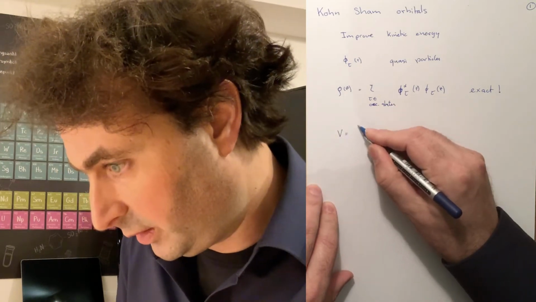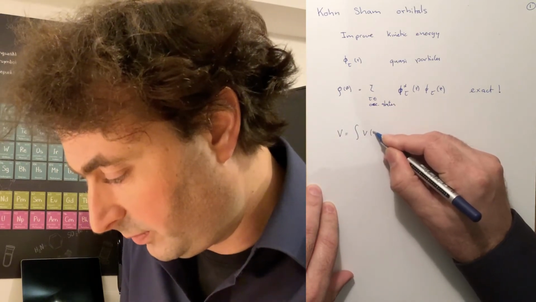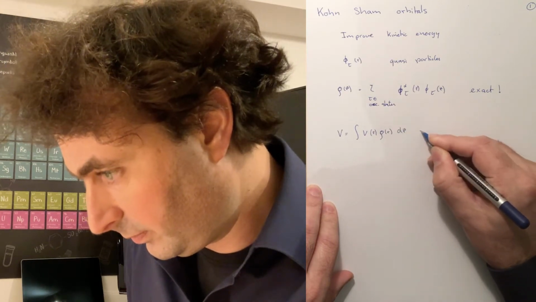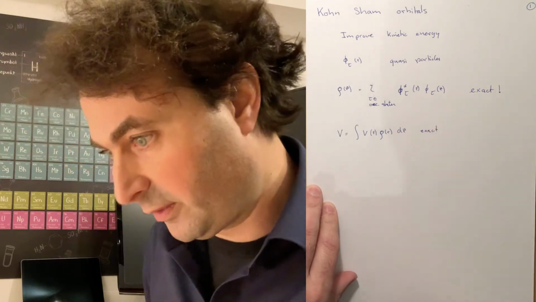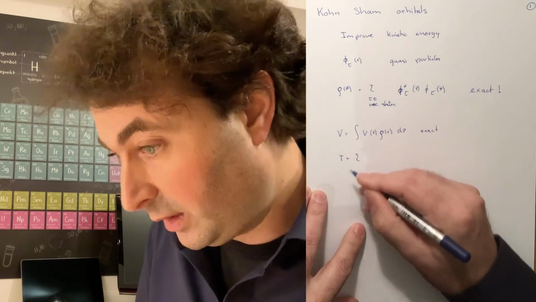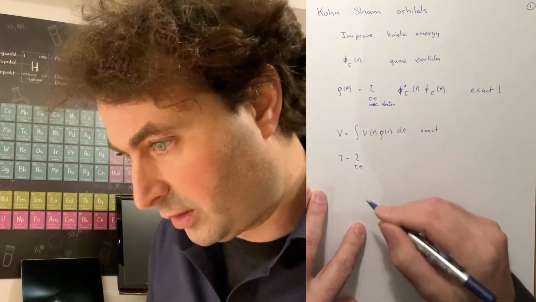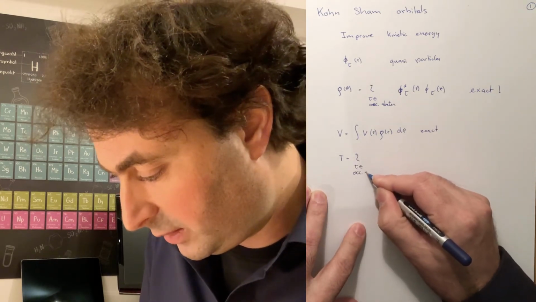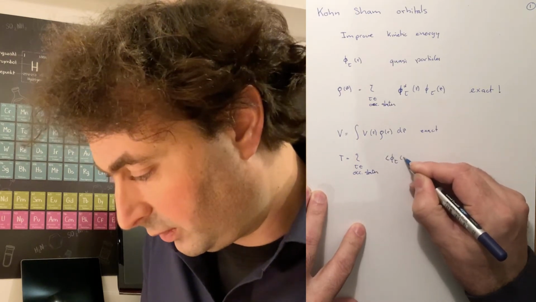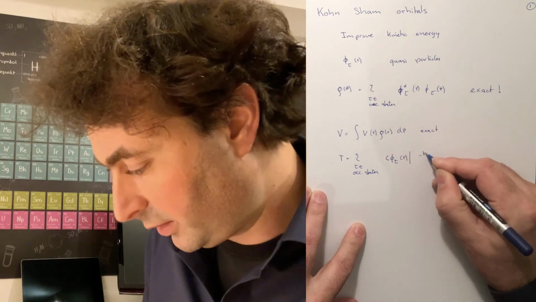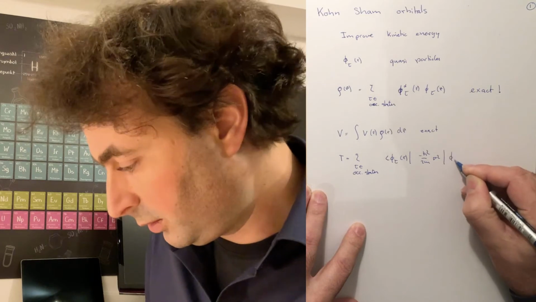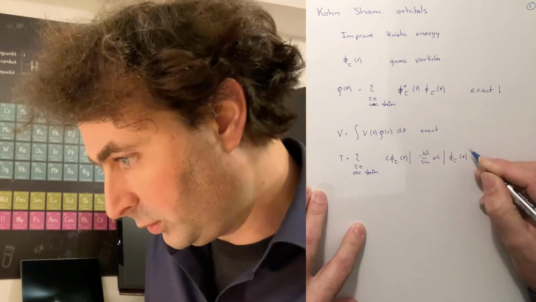So from this, the potential energy can be calculated exactly because we have a density, but we can also calculate the kinetic energy, which is a sum over all occupied states of psi_τ*(r) times minus ħ² over 2m gradient squared psi_τ(r).